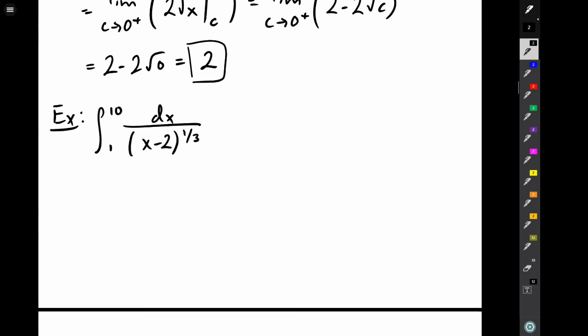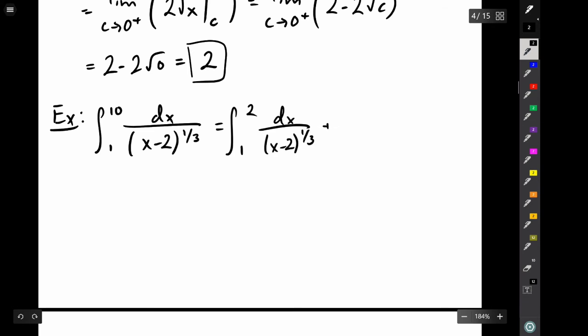So let's look at this. When computing this integral, look at where this function has an issue. This function has an issue at x equals 2. So we have to split it into two pieces: the part from 1 to 2 and the part from 2 to 10.